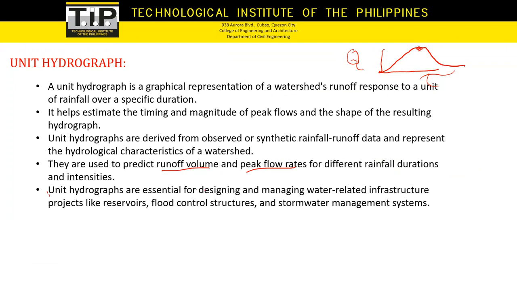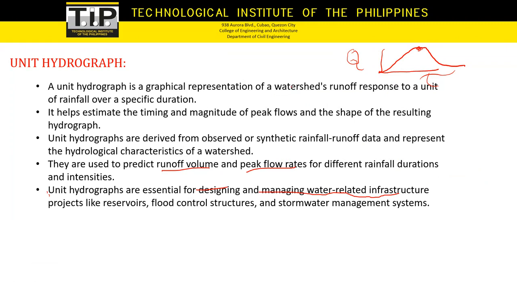Okay, so they're essential for designing and managing watershed-related infrastructure. So, for instance, gusto natin malaman ano yung pinakamataas na discharge na pwedeng mangyari doon sa isang stream. So kapag meron ka ng unit hydrograph, mapipredict natin based on historical rainfall, meron tayong certain na most likely mangyayari, yun na yung pinaka-extreme.